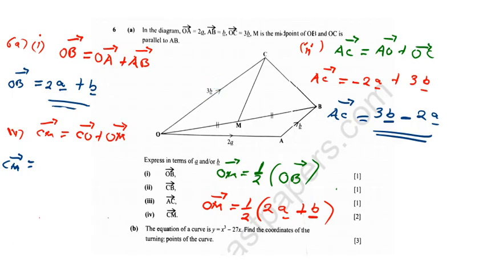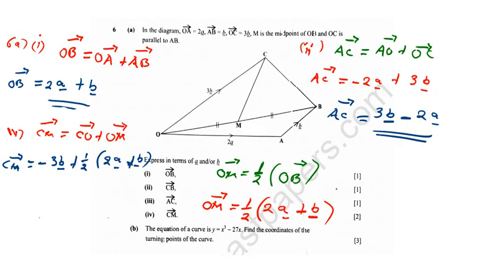So it will be minus 3B vector plus OM. I have my OM here. So OM, I'm getting a half 2A vector plus B vector. That's my OM. So now let's expand.